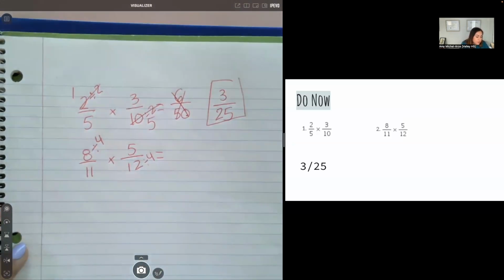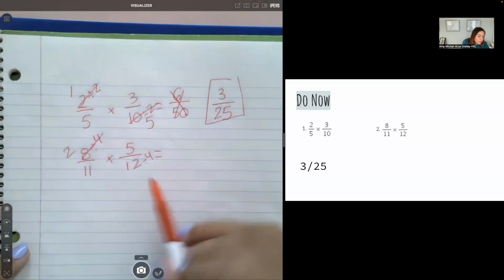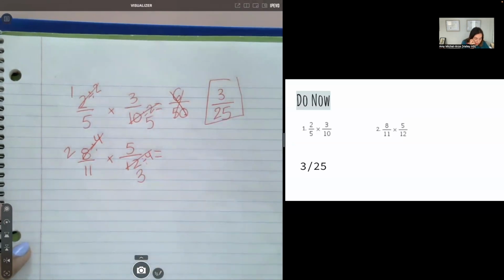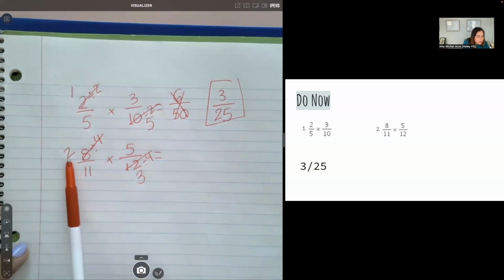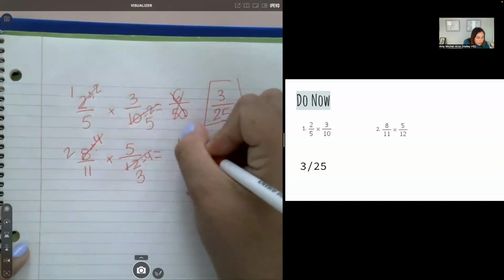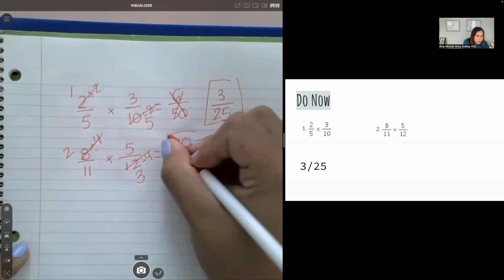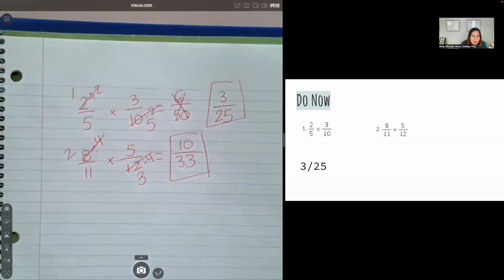Right, 4 is greater than 2. So 8 divided by 4 is 2. 12 divided by 4 is 3. So now we can multiply straight across now that we've cross-canceled. 2 times 5 is 10. 11 times 3 is 33. They have no other factors in common between them, so that is the answer to that one.